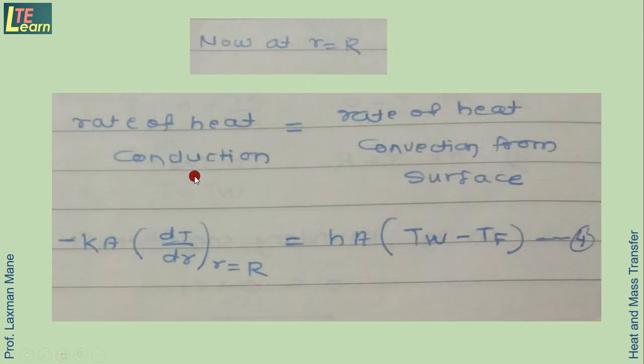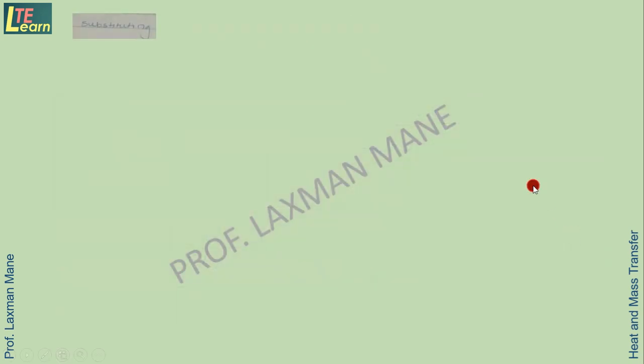We know that the rate of heat conduction is equal to the rate of heat convection from the surface. Rate of heat conduction is expressed by Fourier's law, and rate of heat convection is expressed by Newton's law of cooling, that is the convection heat transfer law. So Fourier's law is minus k A dT/dr, and the convection law is hA into Tw minus Tf. This is equation number 4.